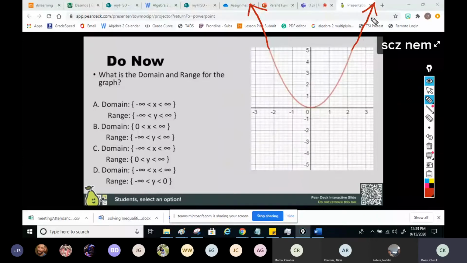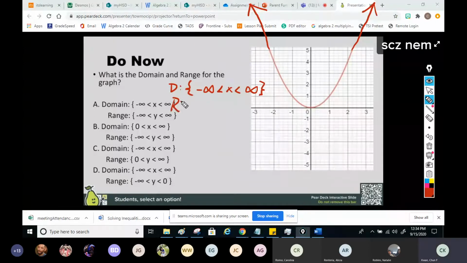It will keep on going up and up and up, and it will keep on going further and further right. So when it comes to domain, we have to figure out how far left and how far right does it go. So the furthest left, if this thing keeps on going to the upper left, the furthest left is going to be negative infinity, less than x, less than, and then the furthest right is going to be infinity. Okay, so this is the domain.